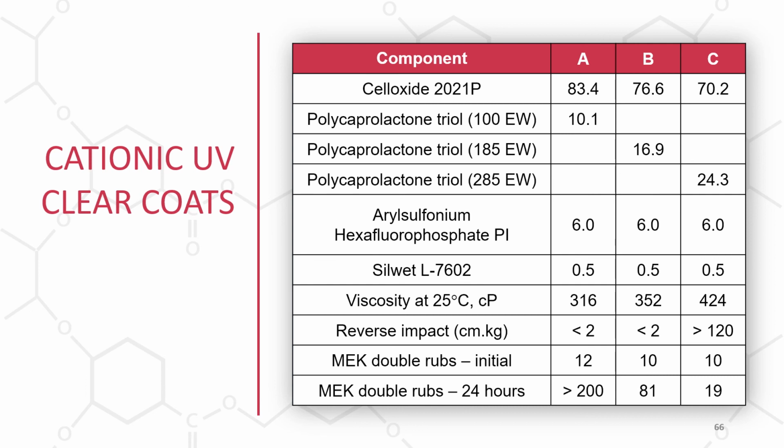In this case, you see a difference in the reverse impact, with the higher equivalent weight triol, the 285 triol, giving a much improved impact resistance, yet the smaller polycaprolactone triol gives MEK double rubs that are greatly improved. So by changing the polyol, you're able to dramatically change the performance of your final cured material.